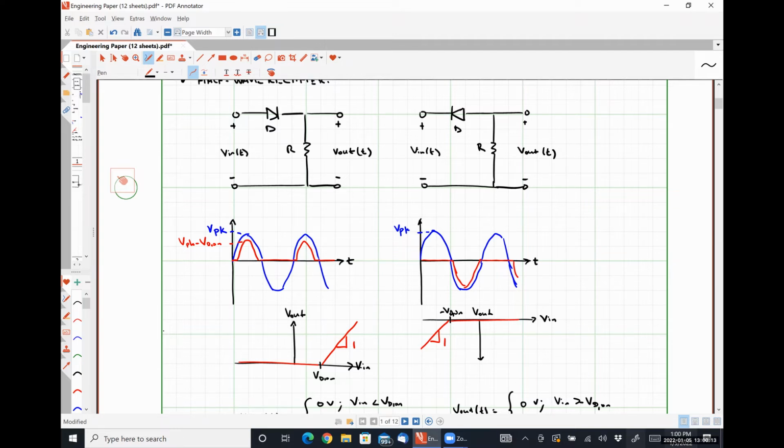Absolutely, right. So our peak diode current will occur when our output voltage is at its peak, which is exactly V peak minus VD on. And that divided by R tells us how much current is going to flow through the diode, because it's a simple circuit.